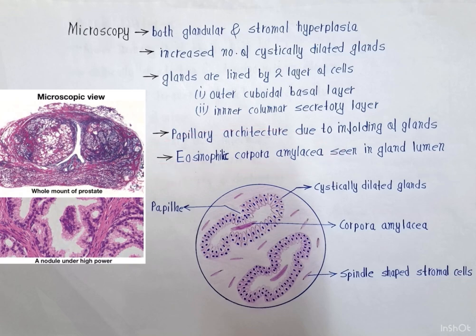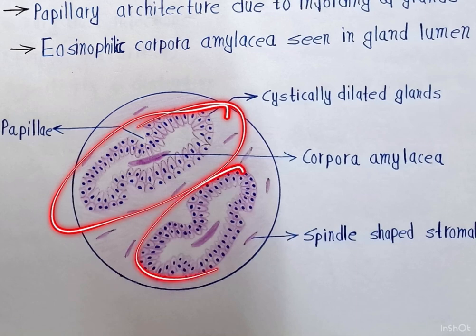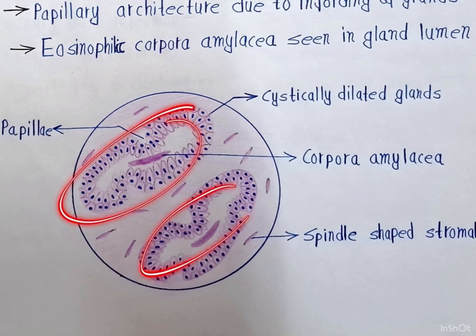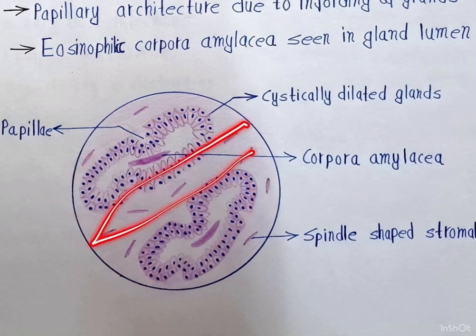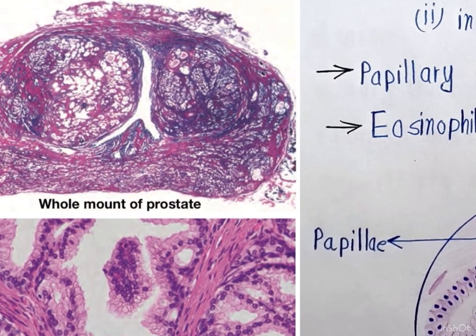So talking about the microscopic features, here you can see cystically dilated glands having two layers of cells, corpora amylacea, and in between the glands you can see spindle shaped stromal cells which are also showing hyperplasia. This diagram is showing a microscopic view of a whole mount of prostate.